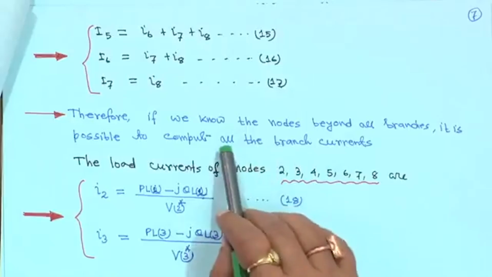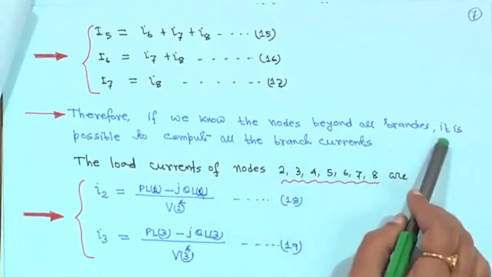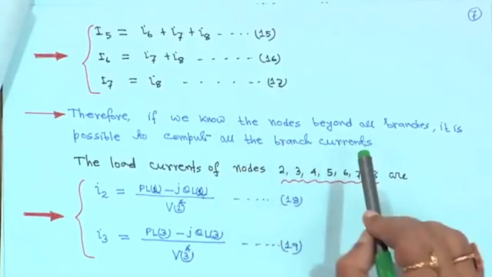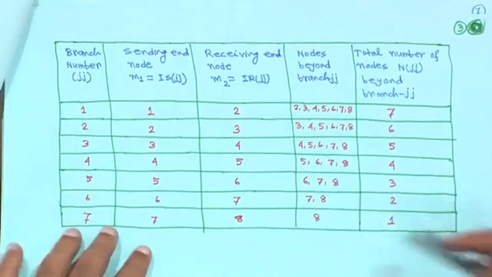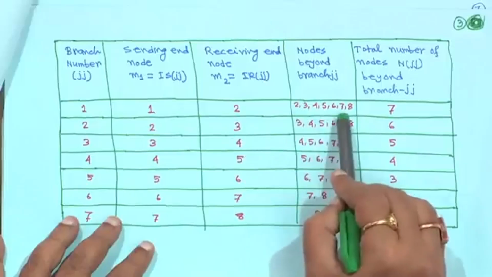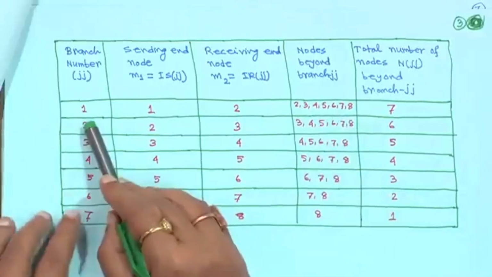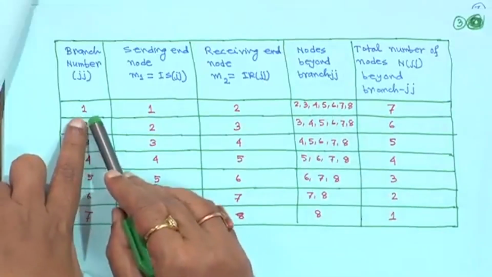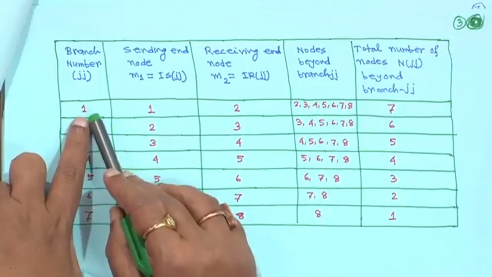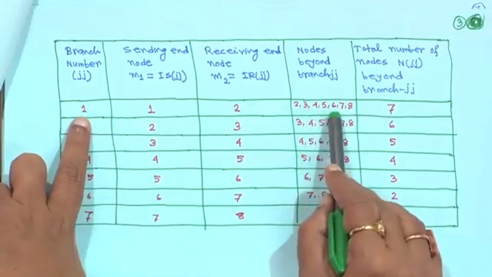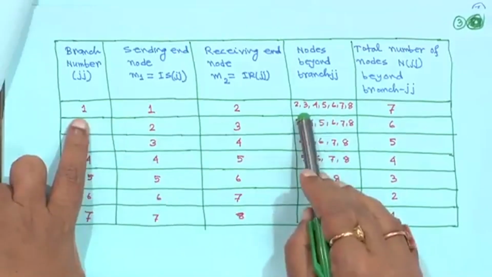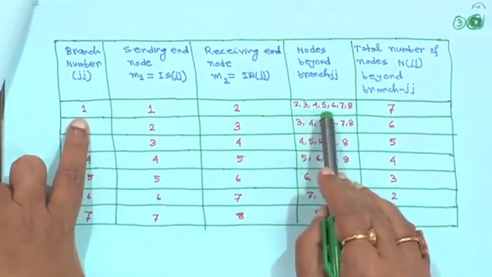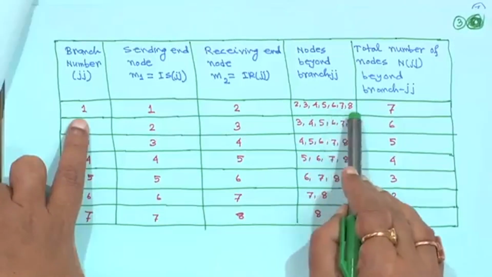Now, therefore, if we know the nodes beyond all branches, it is possible to compute all the branch currents. That means, in this table, if you know all the nodes beyond a branch, then branch 1 current can be computed. Beyond branch 1 are nodes 2, 3, 4, 5, 6, 7, 8. Therefore capital I1 is equal to small I2 plus I3 plus I4 plus I5 plus I6 plus I7 plus I8.